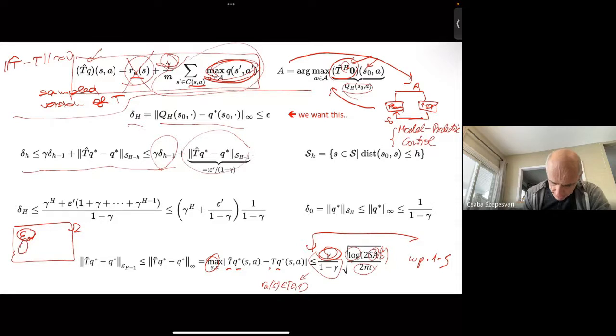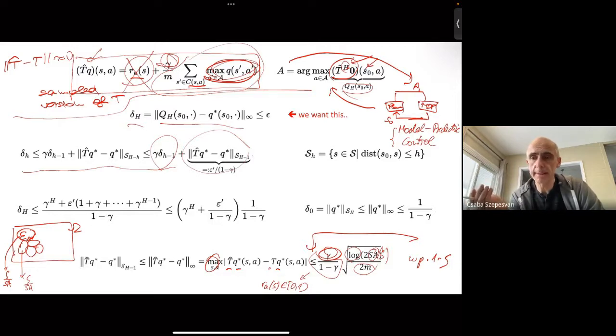Each of them is going to have a probability mass of zeta over SA, because that's how we are choosing the parameters in Hoeffding's inequality. And there are at most SA of these. And so in the worst case, these are non-overlapping, so we need to sum up all the probability masses. So SA times zeta over SA, that's just zeta.